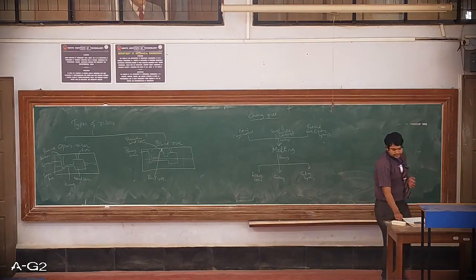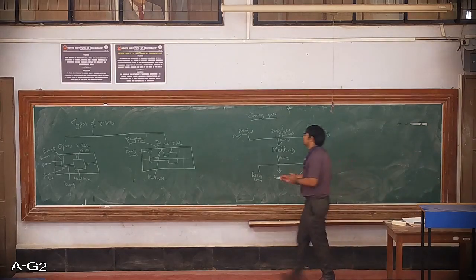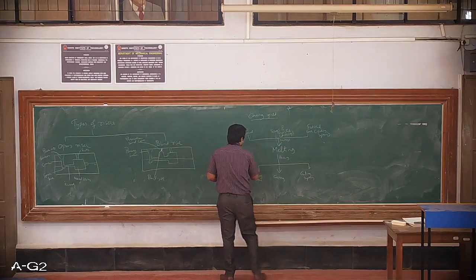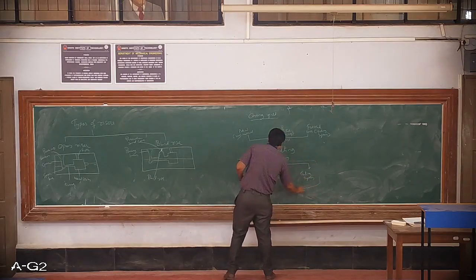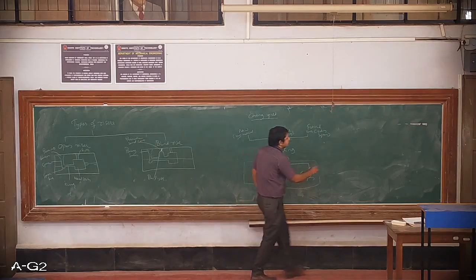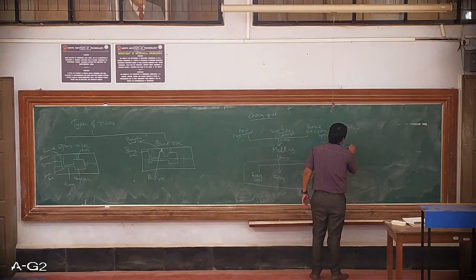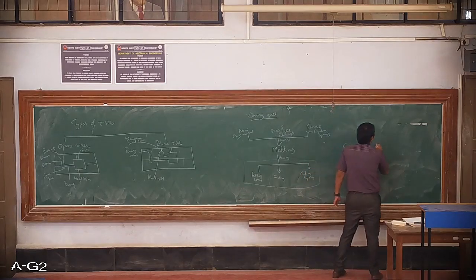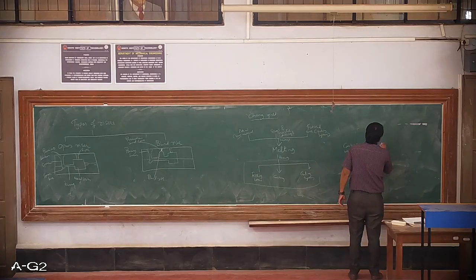So at this particular part, we will see that the casting weight is less compared to the weight of the metal that is poured.